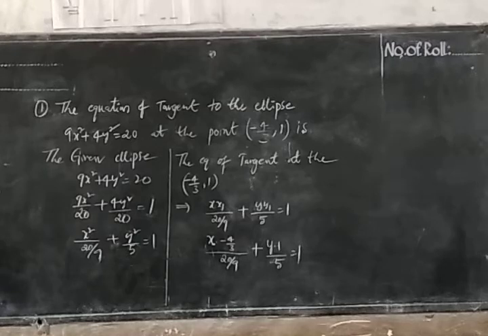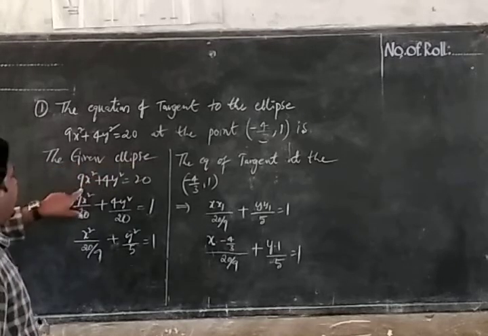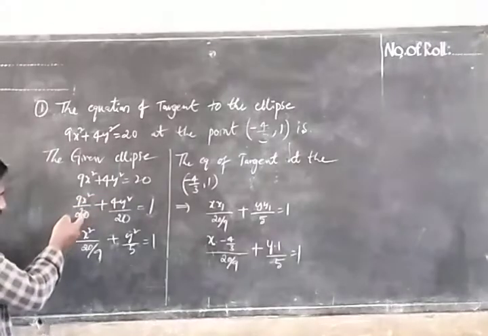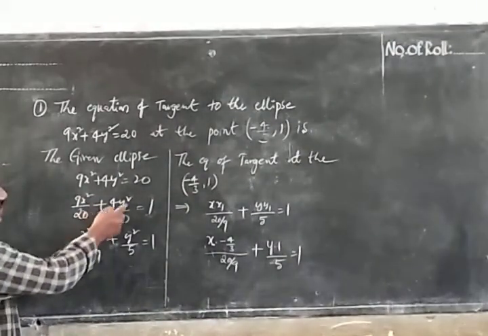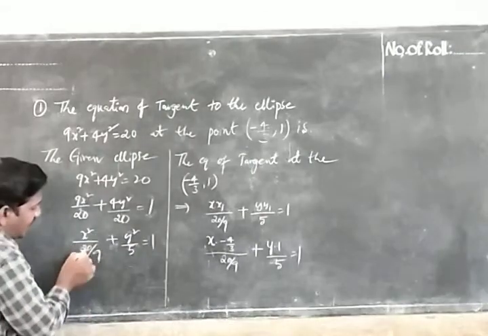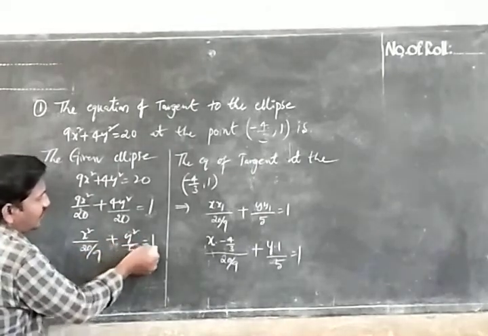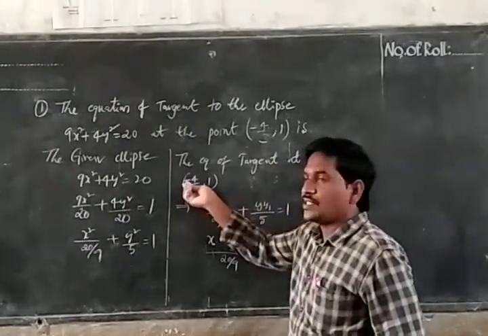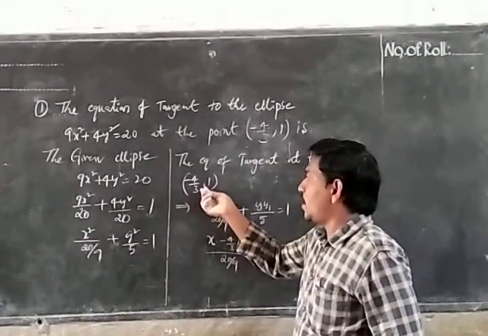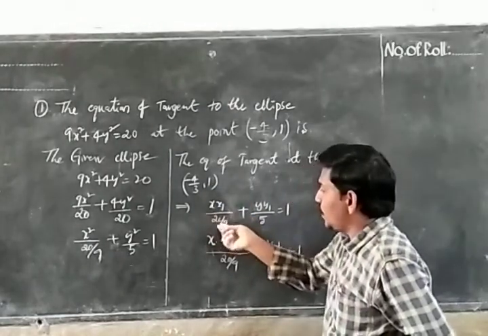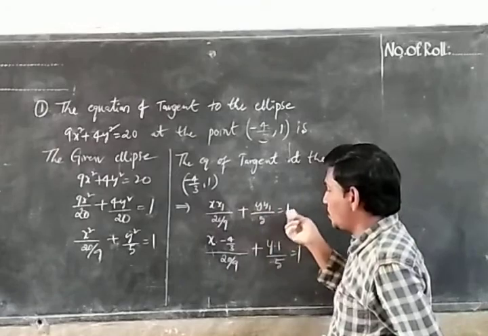The given ellipse 9x square plus 4y square equal to 20. 9x square by 20 plus 4y square by 20 equal to 1. x square by 20 by 9 plus y square by 5 equal to 1. The equation of the tangent at minus 4 by 3 comma 1 is x1 by 20 by 9 plus y1 by 5 equal to 1.